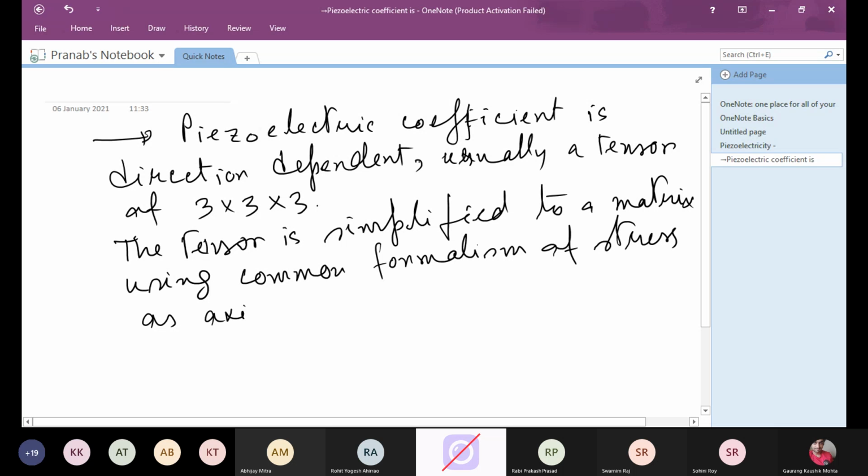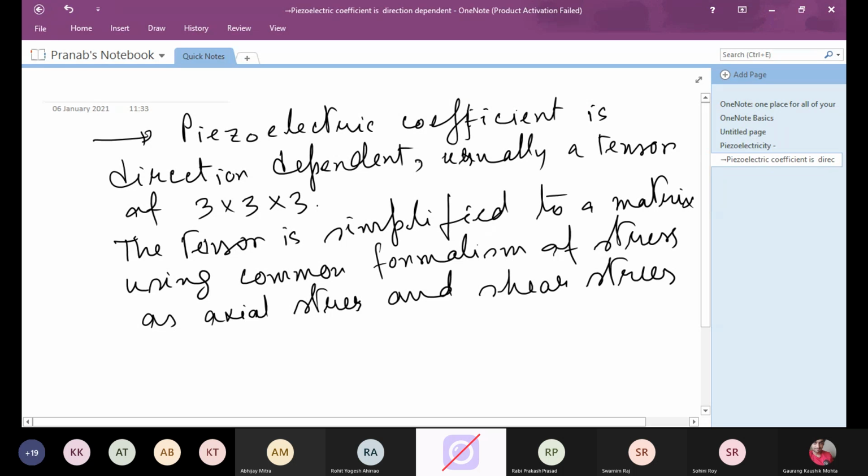As axial stress and shear stress. If we defined it in terms of XYZ, then it would have been a tensor. Instead of that, it can be simplified as axial stress and shear stress.